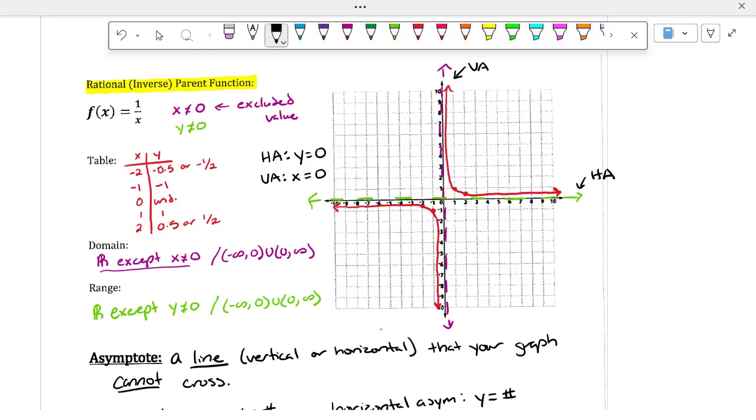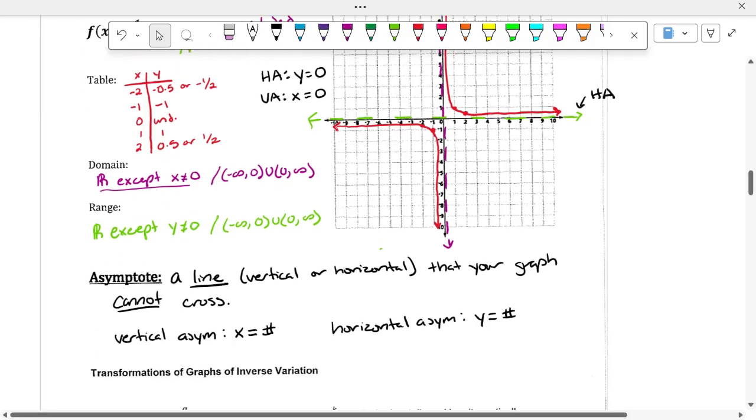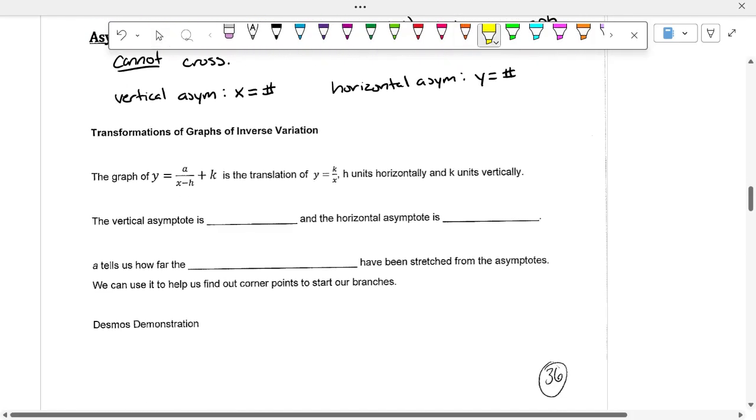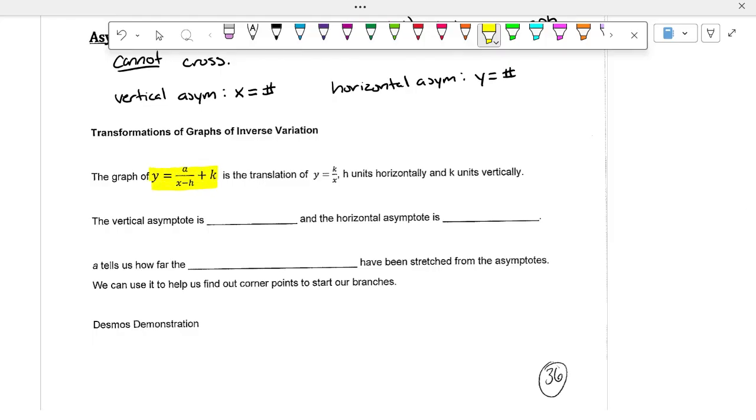All right, so this is the parent function. This is generally what the function will look like. Now, with your normal graph, this is typically how you'll normally see the graph. So y equals a over x minus h plus k, where the translation of the parent function is h units horizontally, k units vertically.